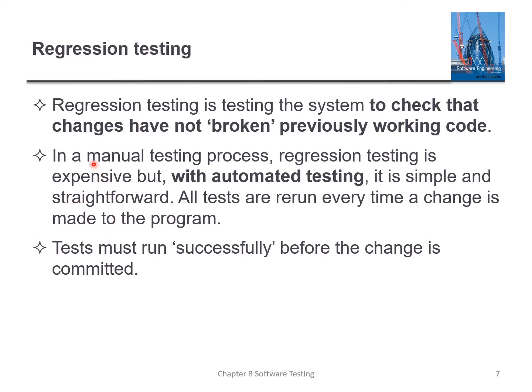It allows automated unit testing to be done very smoothly. Okay, tests must run successfully before the change is committed. So let's say you have added something to the code, you must run the regression testing, and the tests should pass before you continue to the next increment.